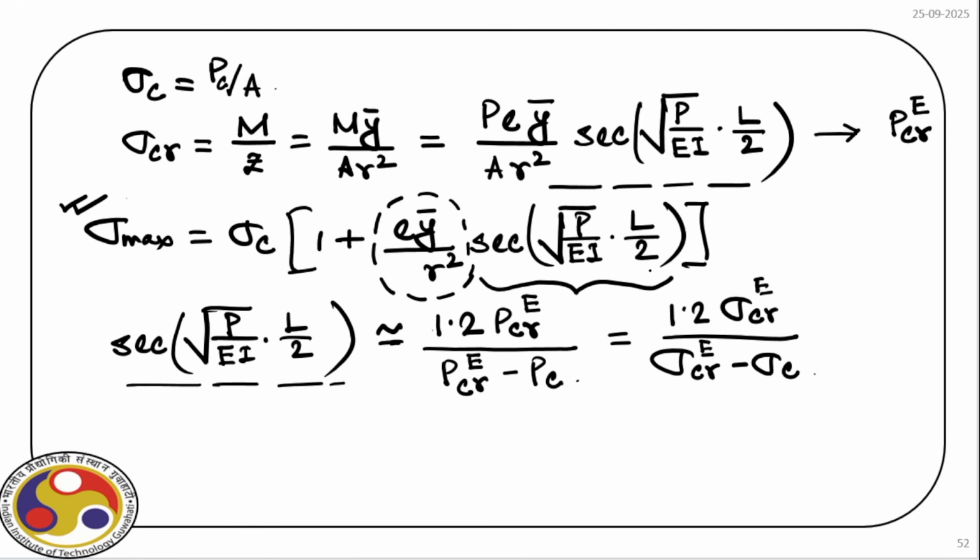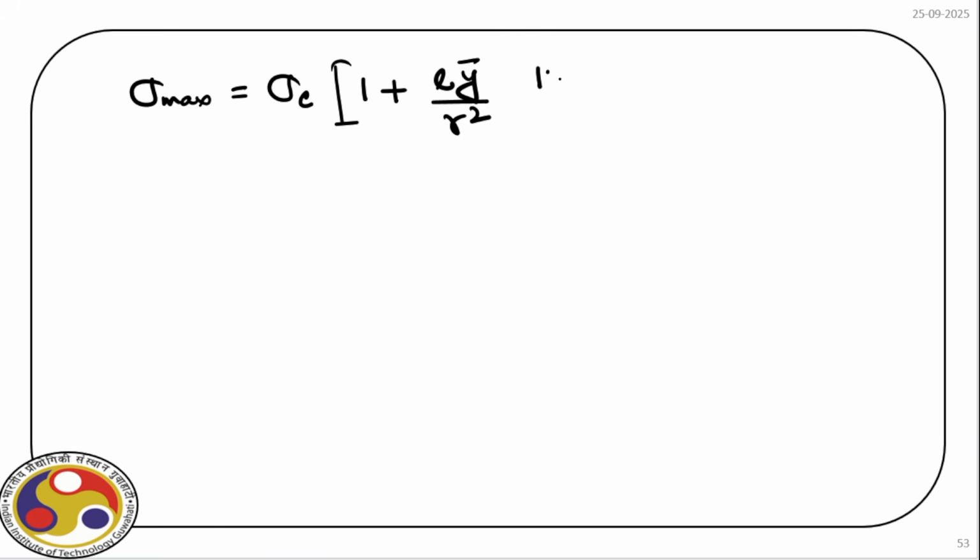So we have sigma max is equal to sigma c, then within bracket 1 plus e y bar divided by r square, and then we have this sec of this first bracketed term that we can write approximately equal to 1.2 sigma CR E, that means compressive stress coming from Euler's critical load, divided by sigma CR E minus sigma C. So now we can modify this expression.